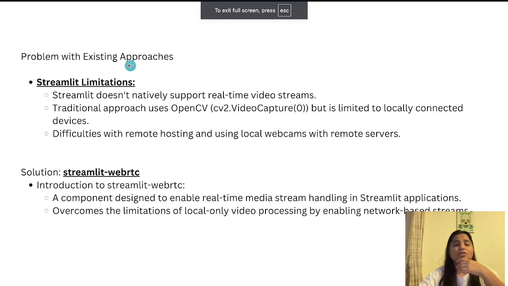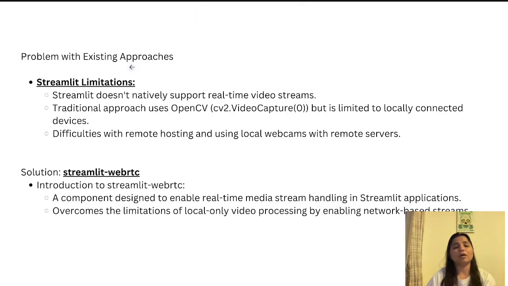Now, the problem I'm trying to solve here is that Streamlit doesn't traditionally support real-time video streaming. Using traditional approaches like OpenCV, with cv2.VideoCapture(0), which refers to the webcam, your local laptop's webcam is accessible.